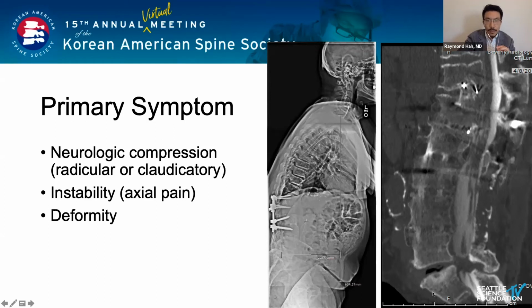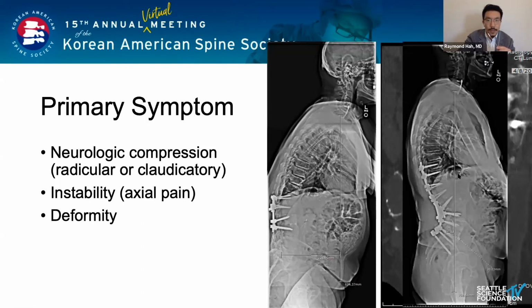Somebody attempted, prior to his presentation, an MIS decompression at the L5-S1 level. I think they weren't able to quite do it, or had difficulty with the dural tear, kind of sealed him back up and said, well, I don't know how much more we can do for you. So this patient, clearly, if you only address his neurologic compression, is not going to get substantial relief. And this is a deformity patient.